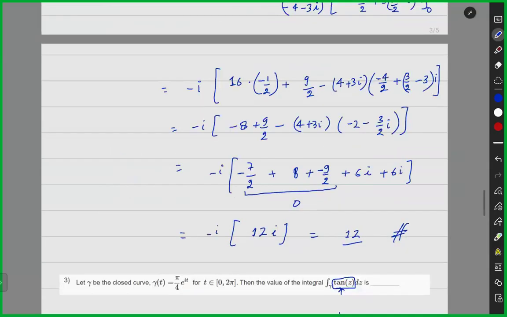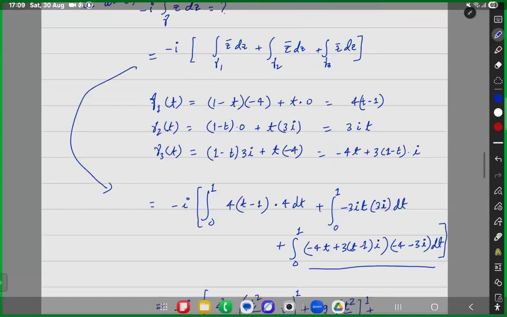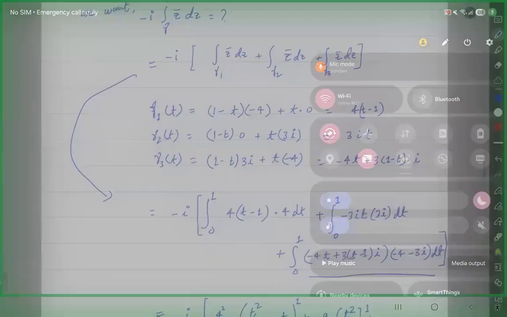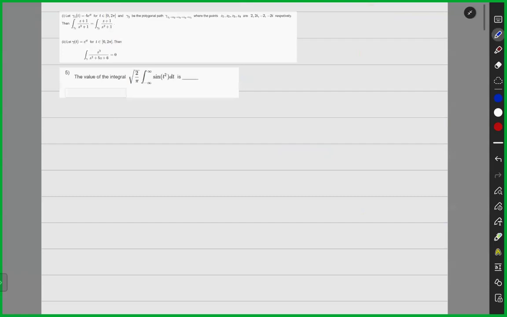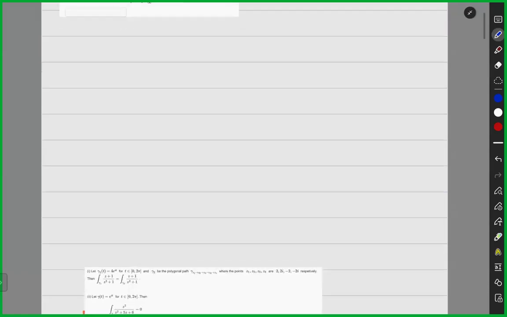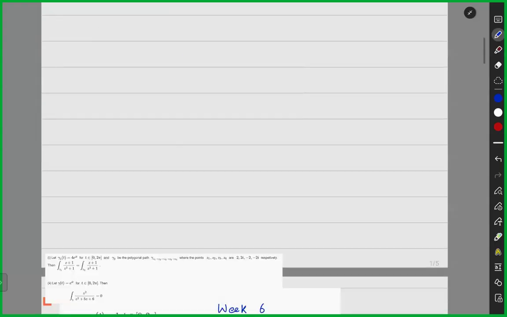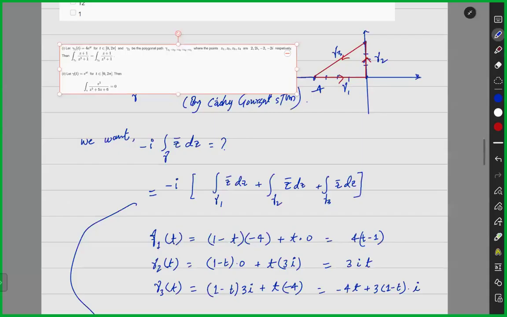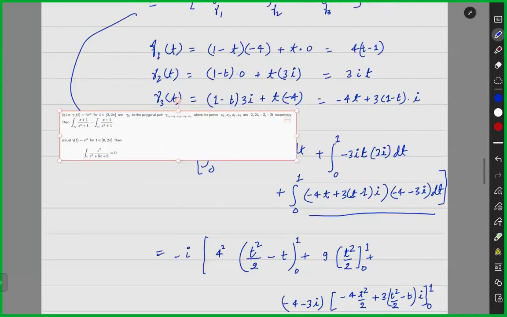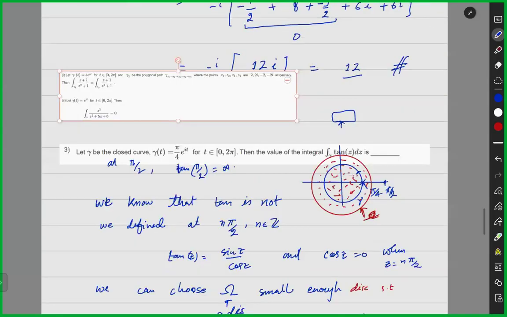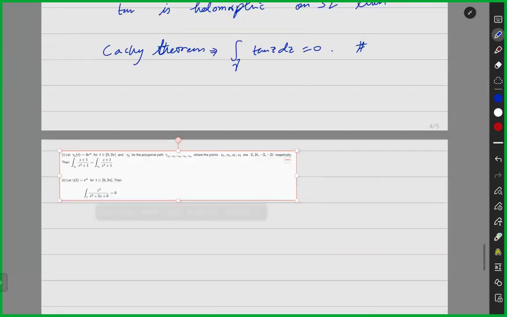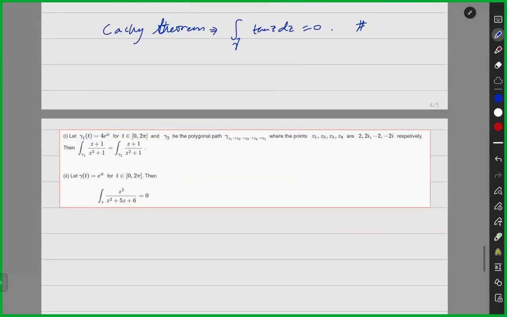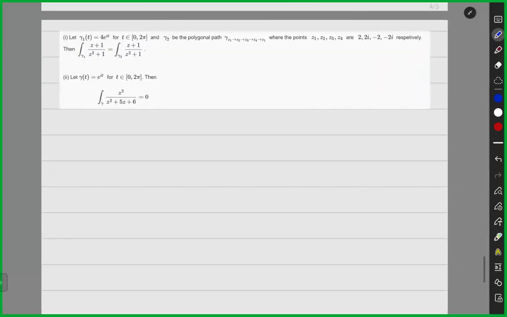Okay, so now coming to the next question. The fourth question is about true and false. We are given two statements, and we have to see if they are true or false.